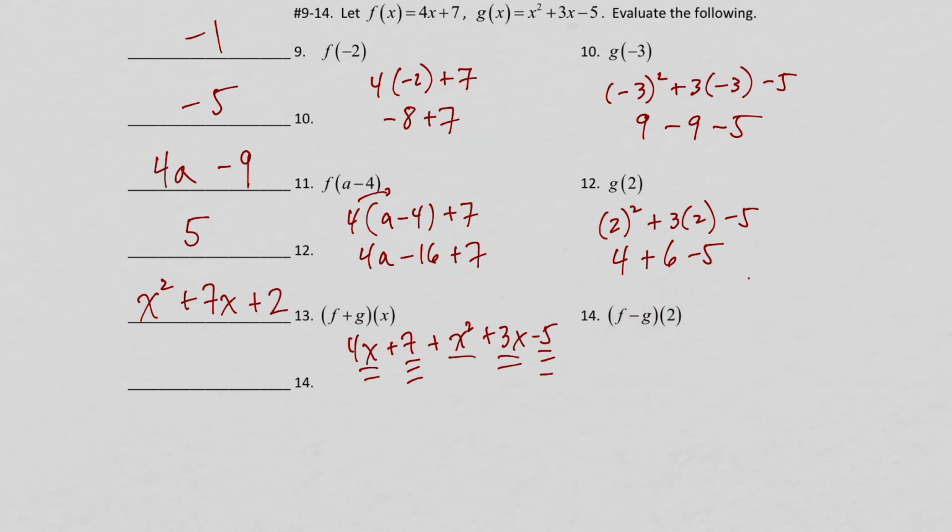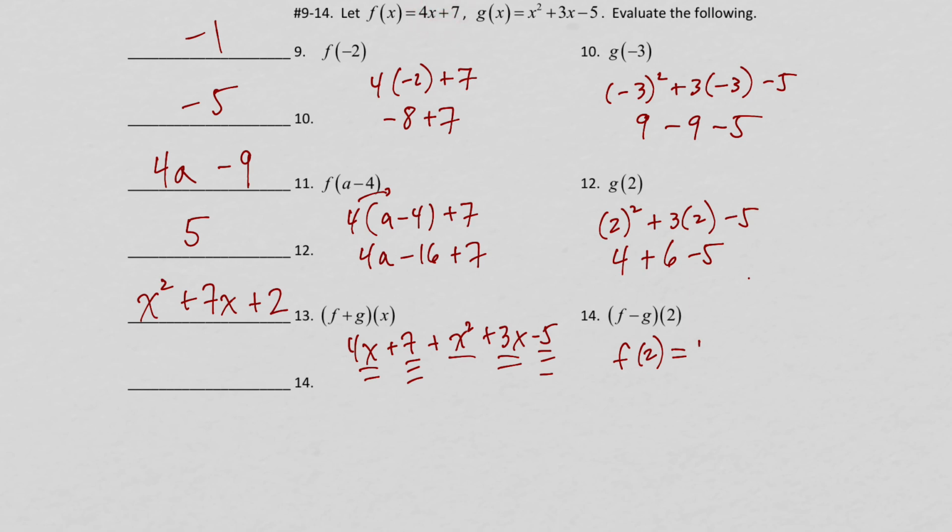f minus g of 2. Now we can subtract the functions first and then evaluate it, or we can find f of 2 and g of 2 and subtract the results, and that's what I'm going to do. So f of 2 is equal to, I'm replacing this with 2.